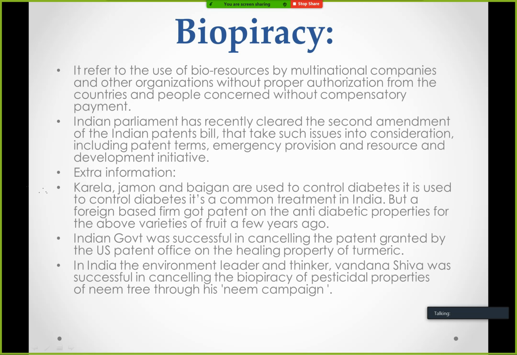Coming to biopiracy, it refers to the use of bioresources by multinational companies and other organizations without proper authorization from the countries and people concerned, without compensatory payment. That means the product you have, the innovation you have, is copied and released into the market. We call it biopiracy.